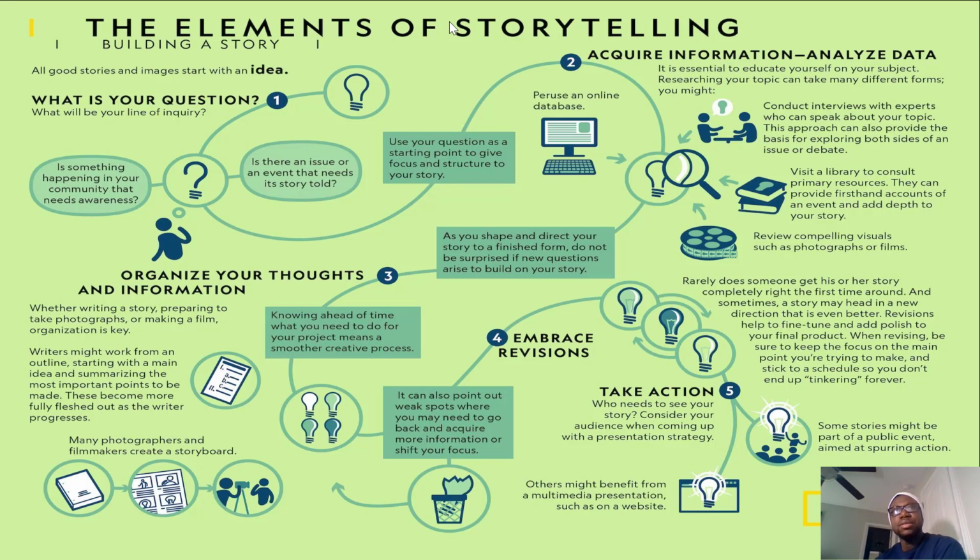We need to decide where we are going to get our information, whether we need to go to the library, search online, do interviews, or take pictures. So we need to gather everything that we need for our story and then start to put it in place, knowing which one we are going to use at each point in time. So we need to organize things very well.